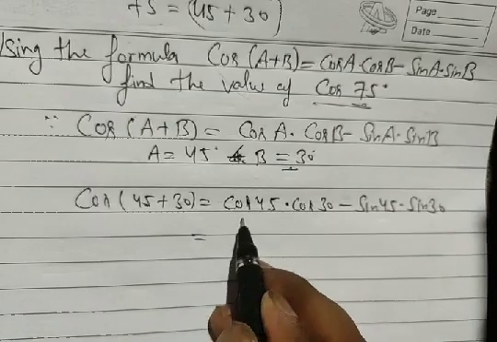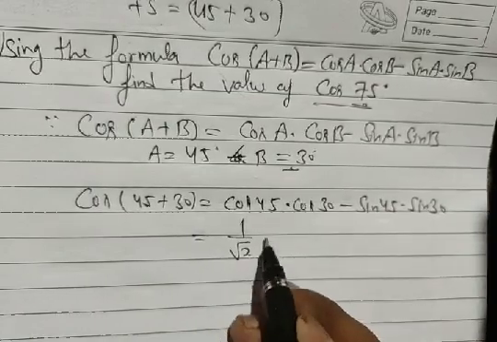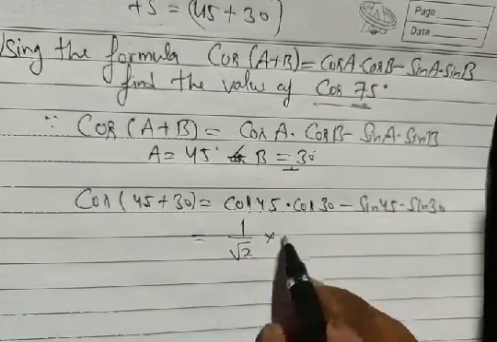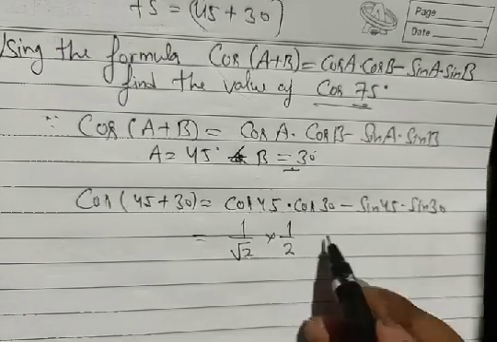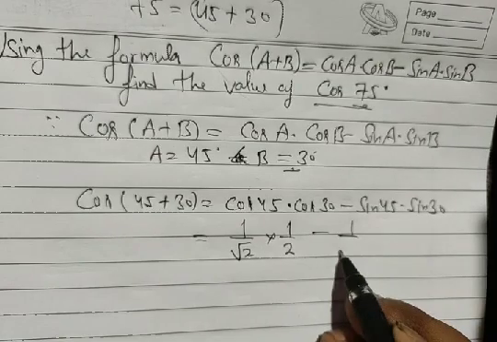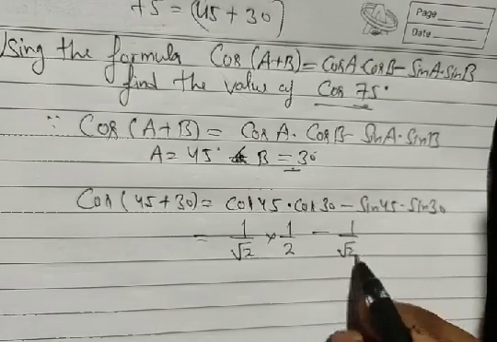What is the value of cos 45? It's 1 by root 2. Cos 30 is 1 by 2. Then sin 45 is 1 by root 2.